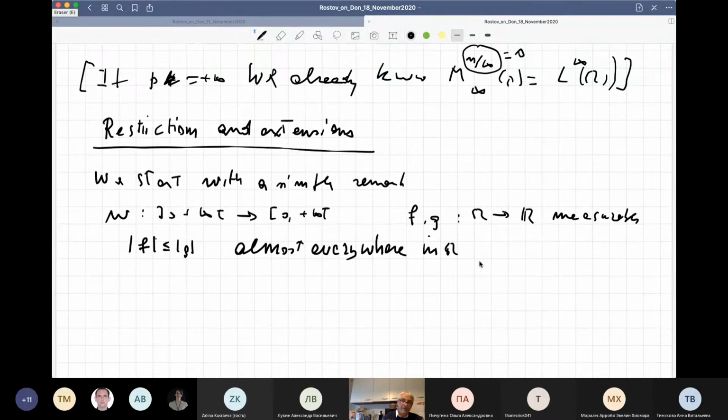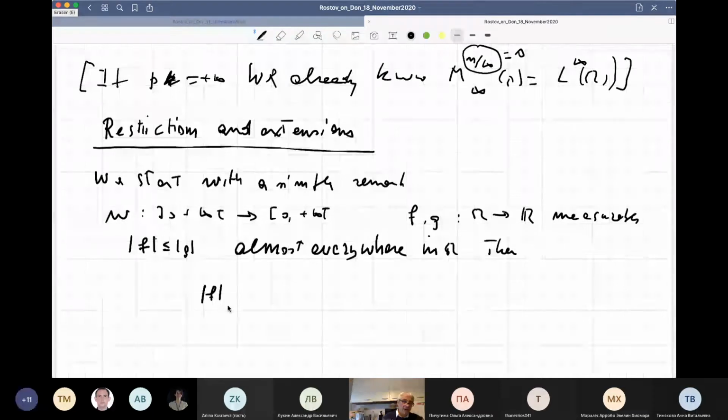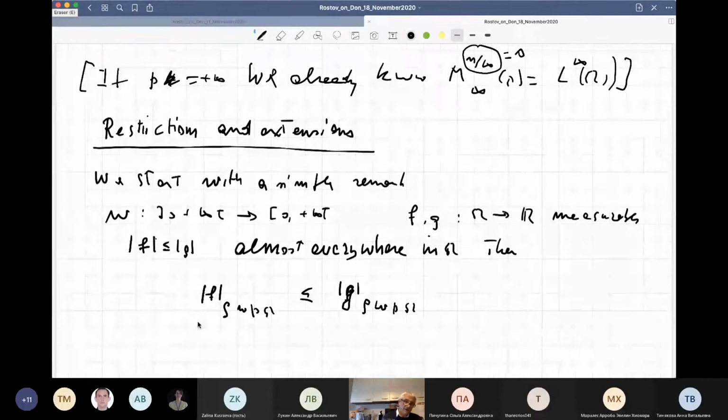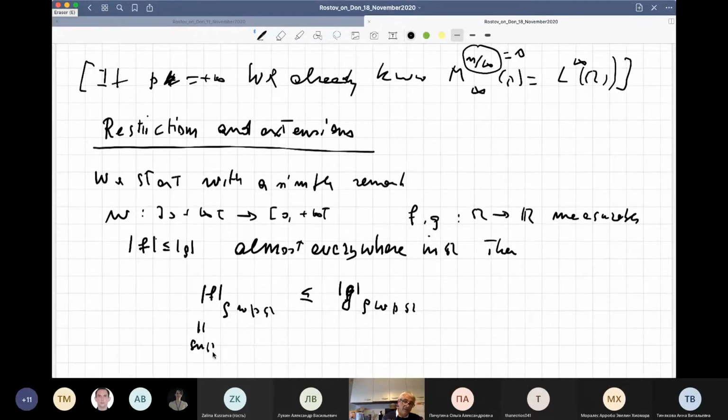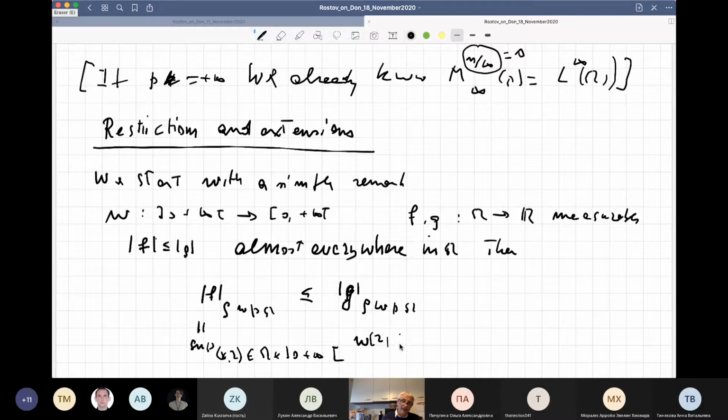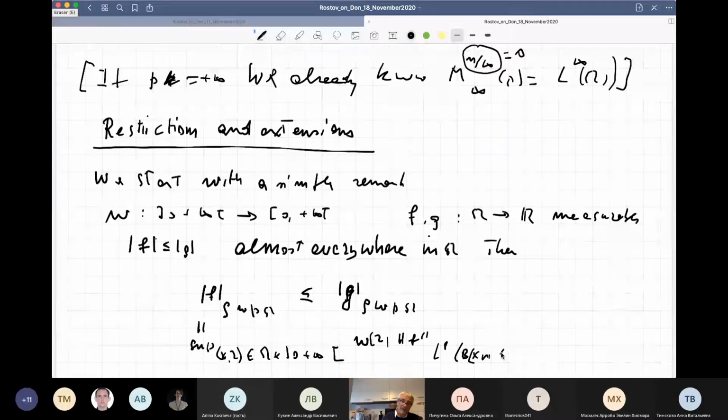Then we have, by definition, that the norm of f in rho w p omega is less than the norm of g. This is a completely obvious statement. Just a remark. Remember this was the sup when x, r belongs to omega times 0 plus infinity, of our usual weighted LP norm on the ball intersected with omega.